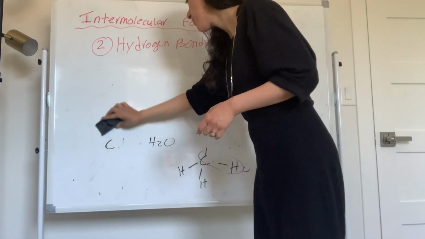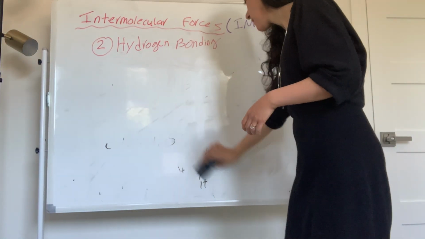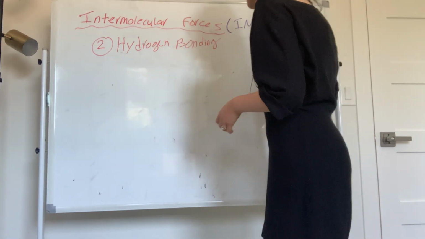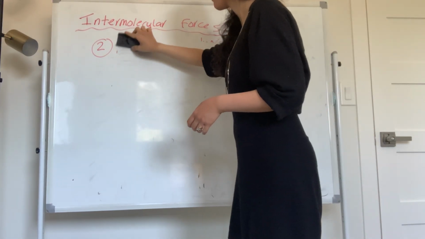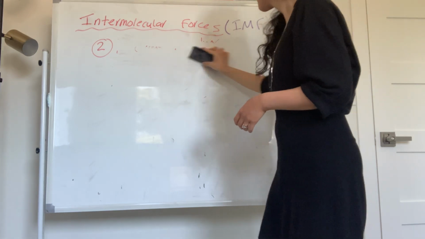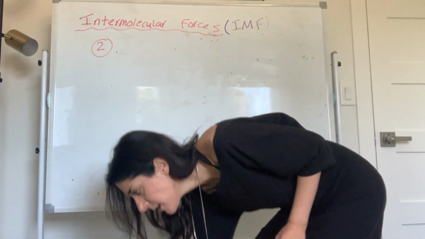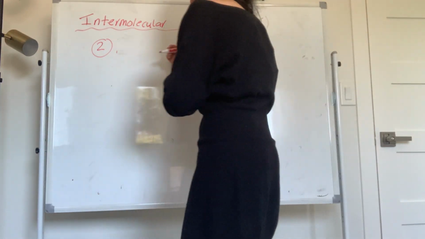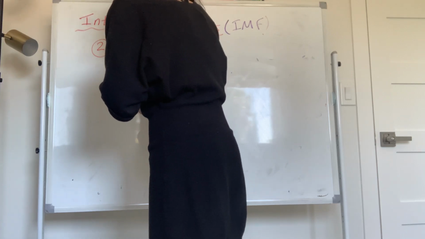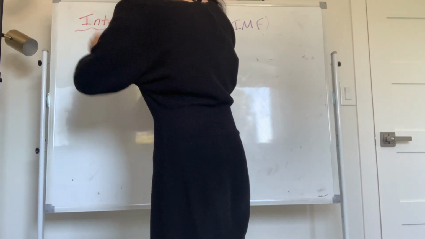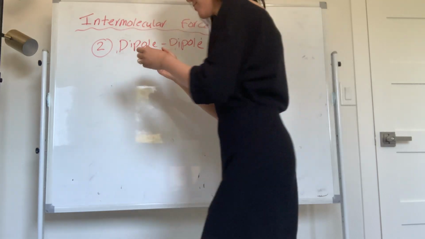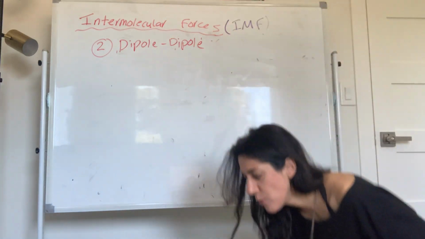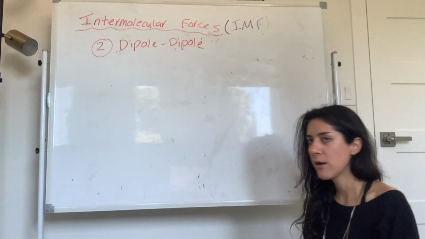Nice job. So N, O, and F are the key to hydrogen bonding. Now, look at the list. We did ionic interaction, and then we did hydrogen bonding. What is the next one? Look at the list, not the board. Don't cheat on me. Figure it out. Dipole-dipole. Okay?